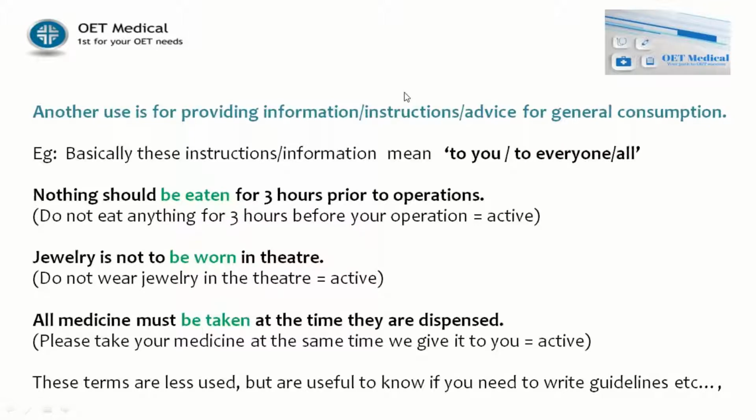Another use is providing information, instruction, advice for general consumption. Basically, these instructions or information mean to you, to everyone, or to all people. Nothing should be eaten for 3 hours prior to operations. That means do not eat anything for 3 hours before your operation. That's an active sentence.